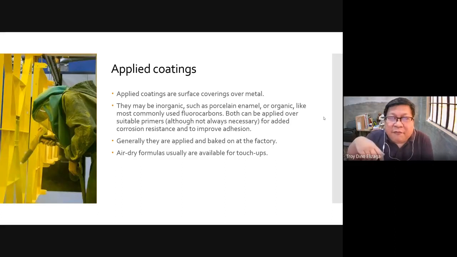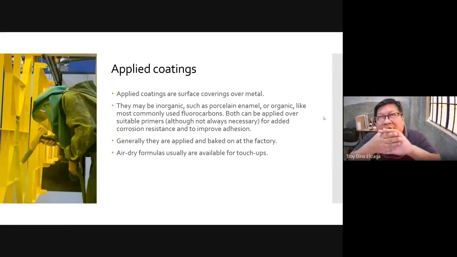It's different from paint, although you can also use paint on metal, but the tendency for paint is that sometimes it can be removed even by hand. It does not really stick too well on the metal, and the adhesion is not chemical.